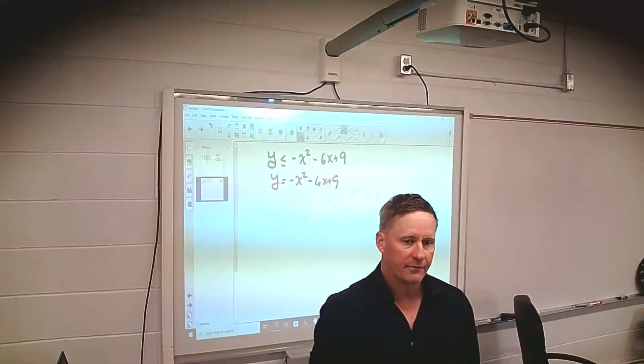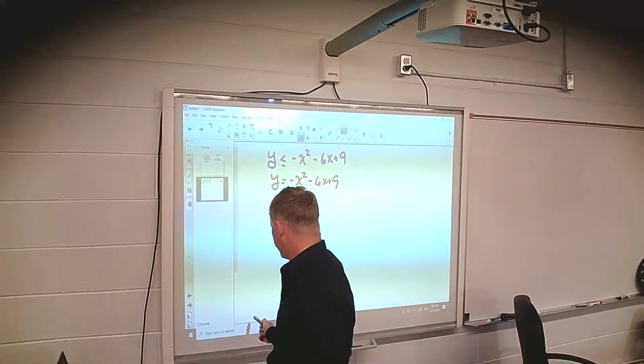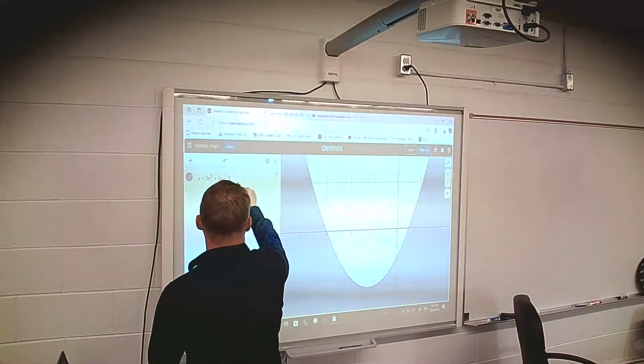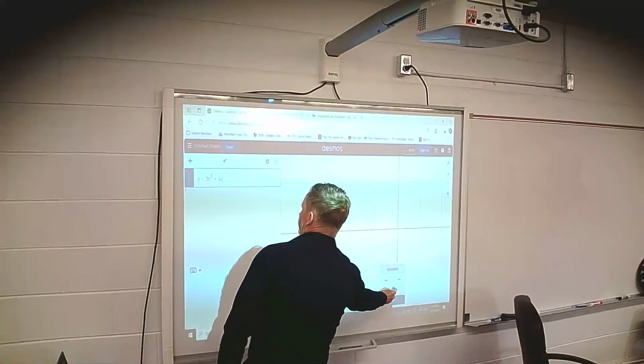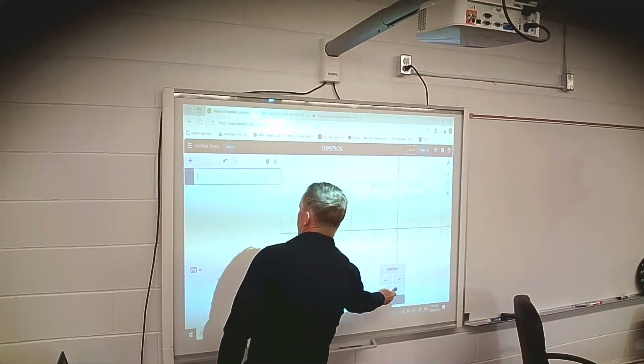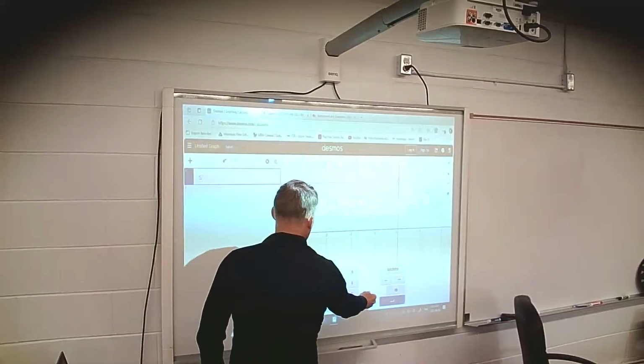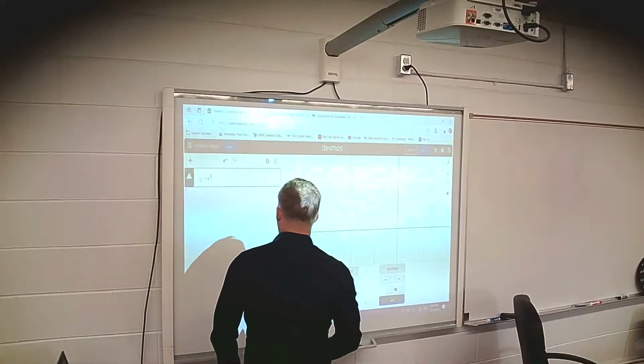Enter equation into graphing calculator. Next step. Less than or equal to minus x squared.